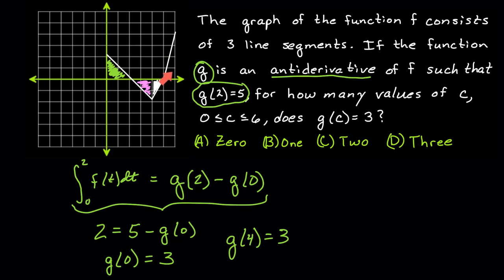And so we know g of something is also going to be 3 over here as well, because it will counterbalance this negative 1 right here. So that means that there are actually 3 places or 3 values of c where g of c is equal to 3.